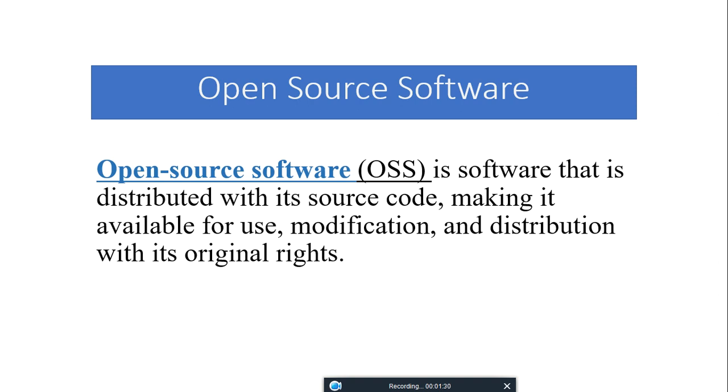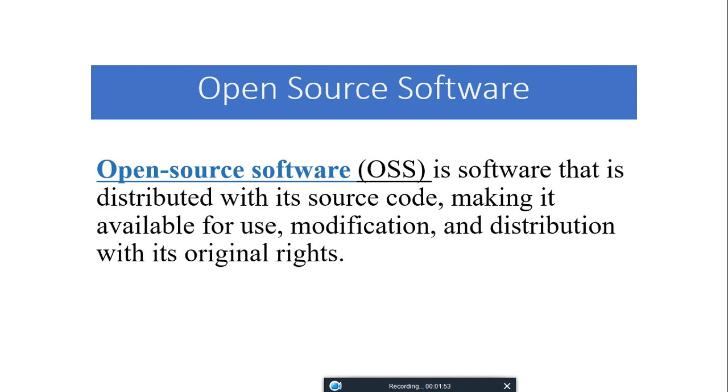What is an open source software? Open source software is a software that is distributed with its source code, making it available for use, modification, and distribution with its original rights.